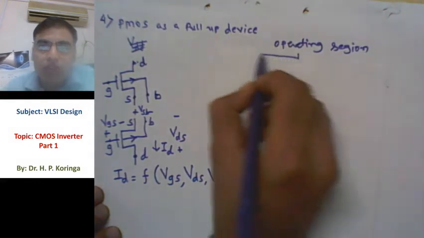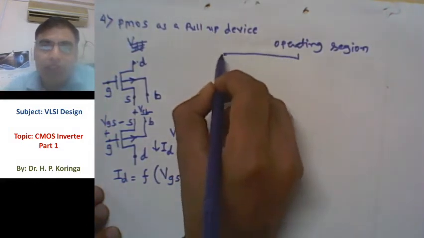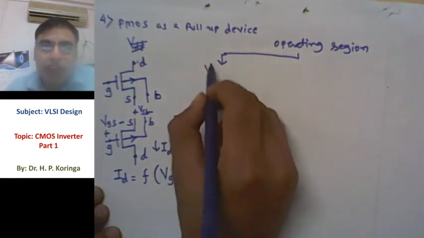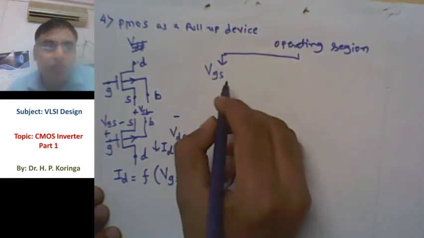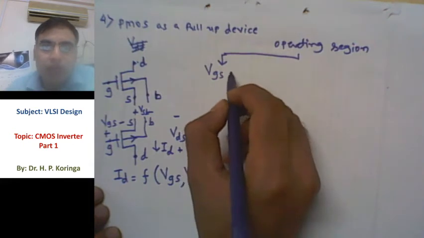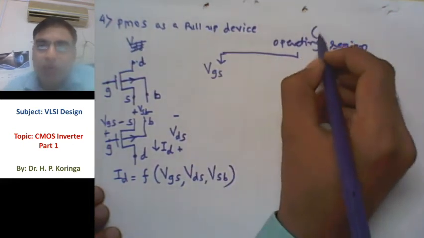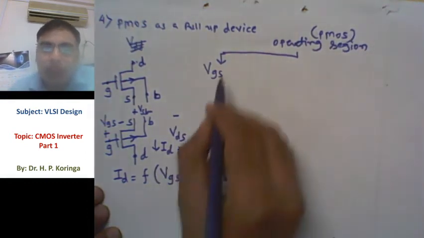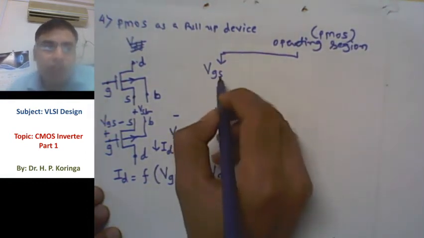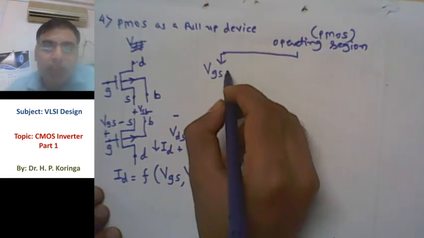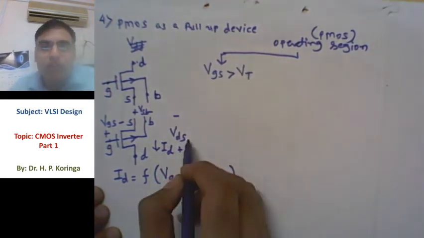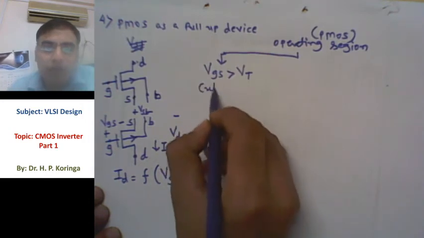PMOS operates in either of three operating regions. Whenever the gate to source voltage of the PMOS, here we are talking about the PMOS, so every parameter is for the PMOS, right? Whenever the gate to source voltage of the PMOS is greater than the threshold value of the PMOS, then it is operating in cutoff.